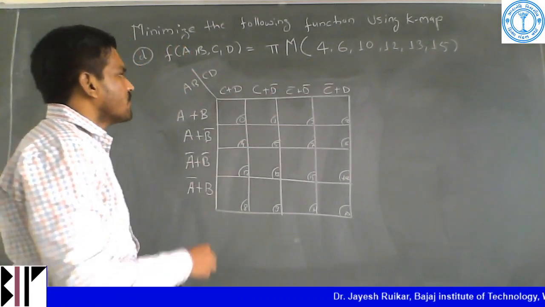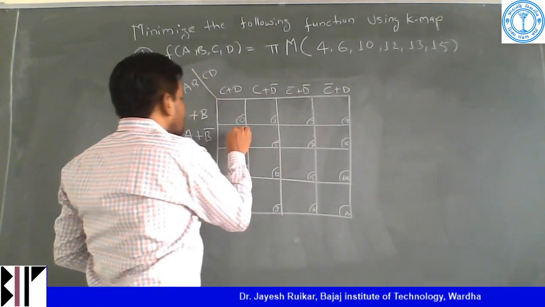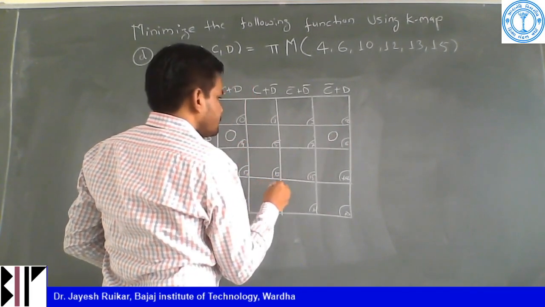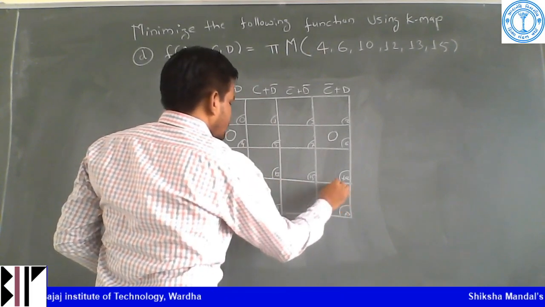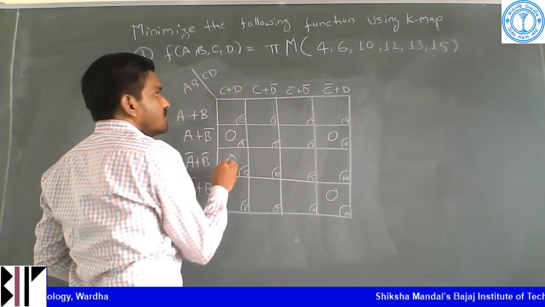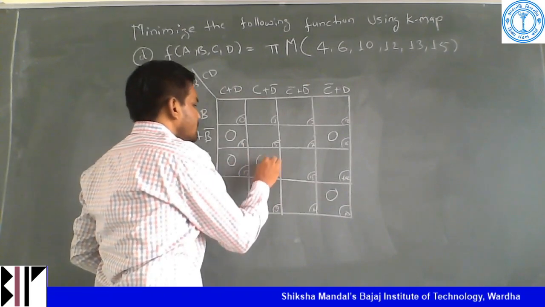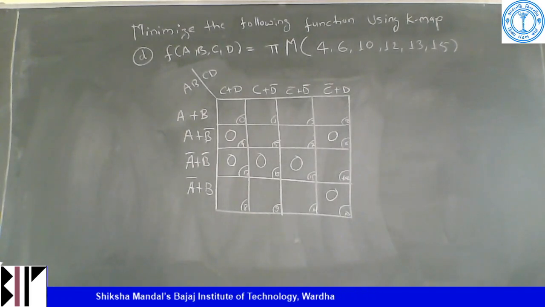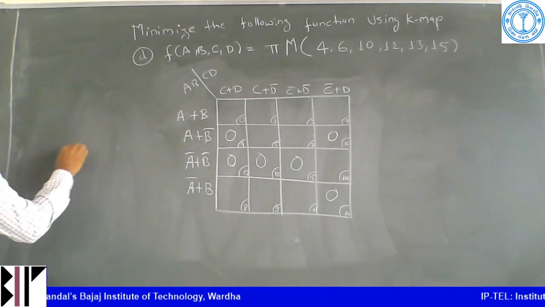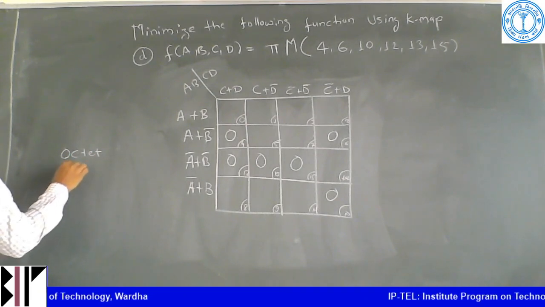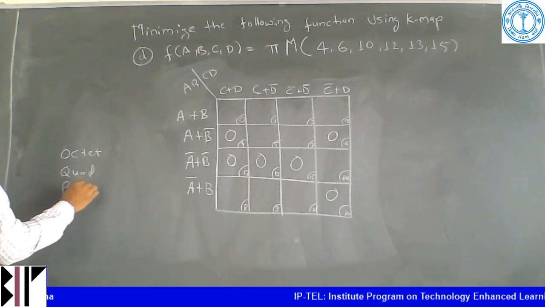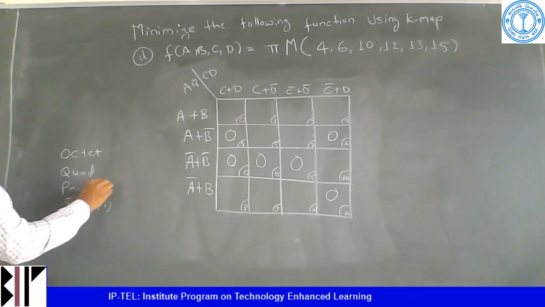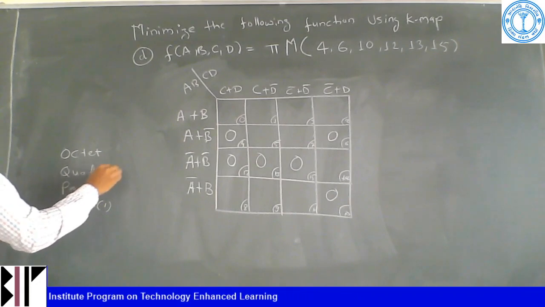So 4, 6, 10, 12, 13, 15. Now I have written zeros for all the particular max terms. Now we have to find whether an octet is possible, whether a quad is possible, whether a pair is possible, or if none is possible, then a single zero.